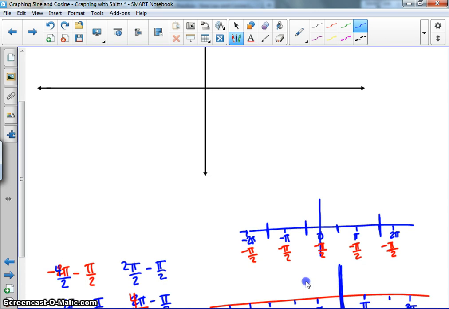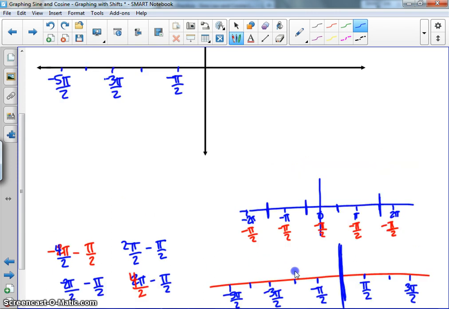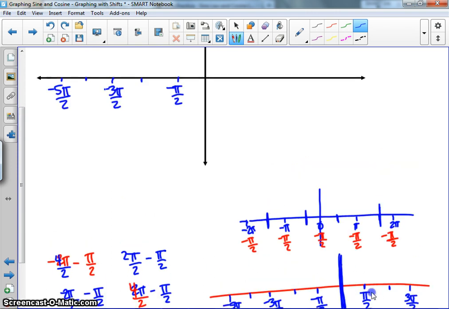So to the left, we've got a negative pi over 2, then a dash, then negative 3 pi over 2, then a dash, then negative 5 pi over 2. And so those are my numbers to the left of the y-axis. And then to the right I had pi over 2, dash, and then 3 pi over 2.